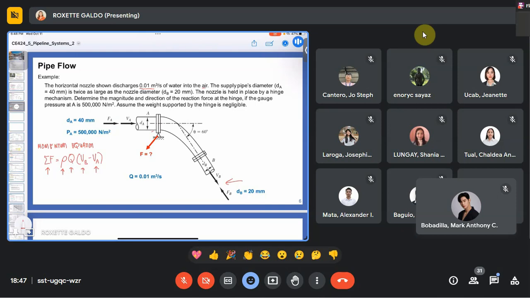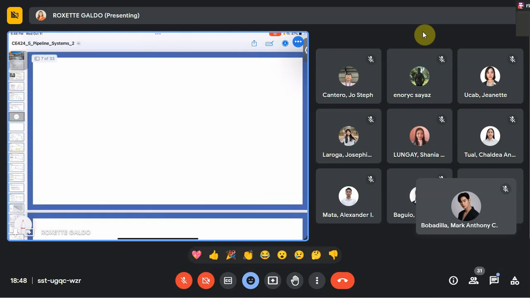So before we can use the momentum equation, we first have to solve for the velocity at A and the velocity at B. So let us do that first, and solve for the velocities.